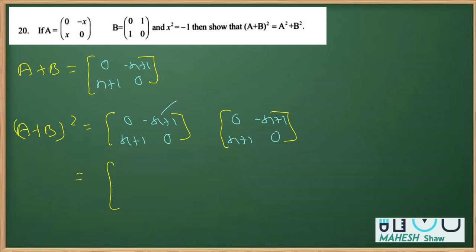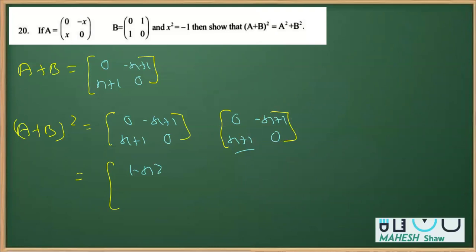So this is 1 minus x multiplied by 1 plus x. So this is actually 1 minus x square. So we'll get this entry as 1 minus x square.